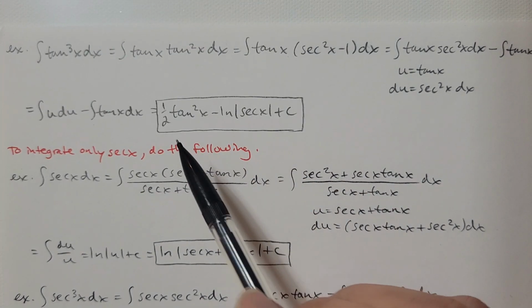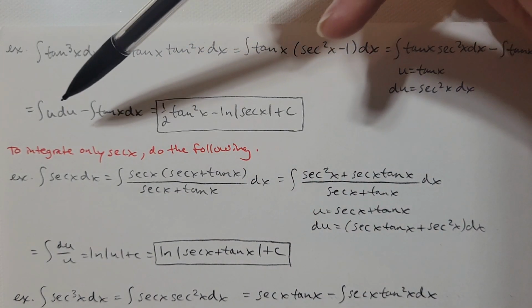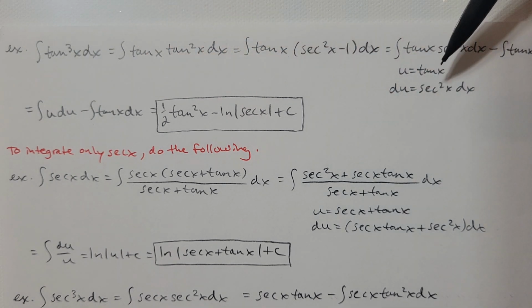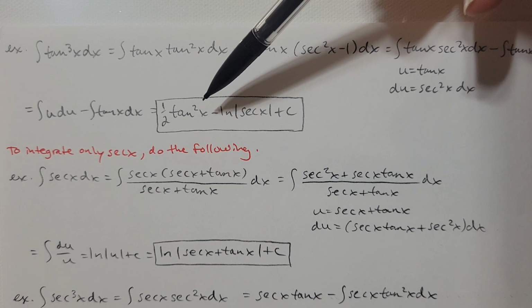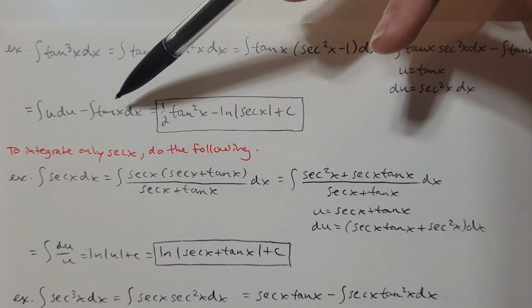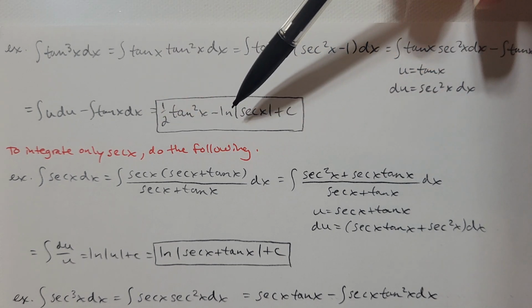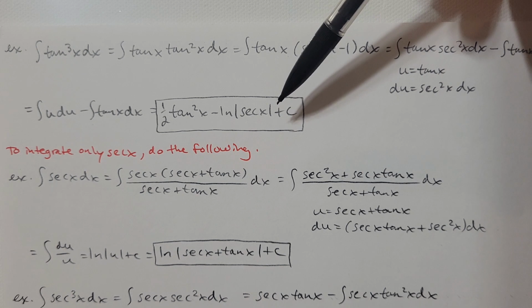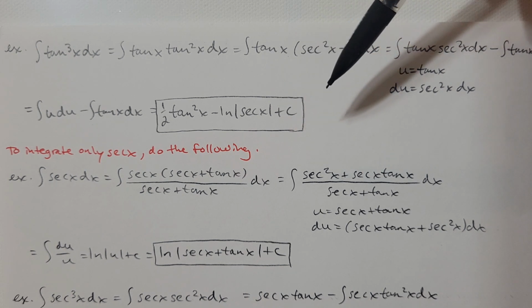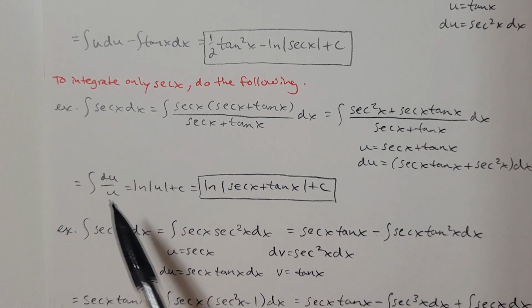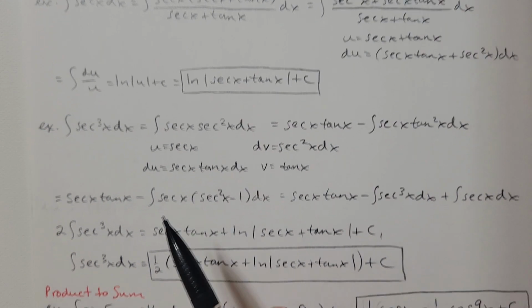So my answer will be 1/2 u squared. U is tangent x, so it'll be 1/2 tangent squared x minus the antiderivative of tangent x, which is ln of the absolute value of secant x, and then plus a constant. So that'd be the answer that we got there. I'll do the last couple of problems in this next video.